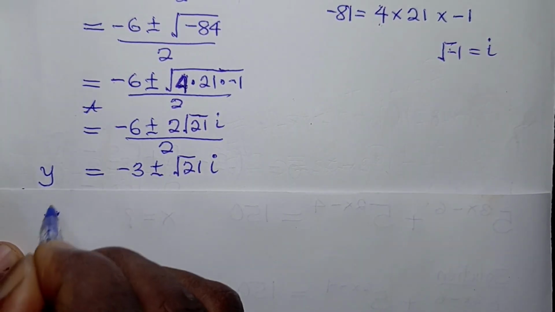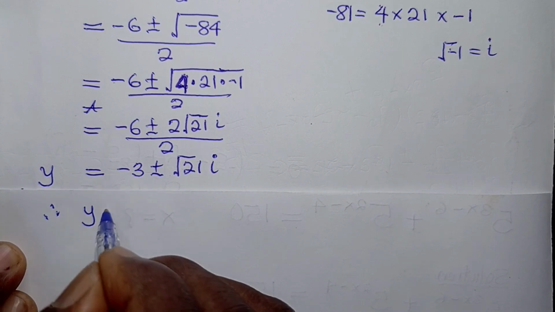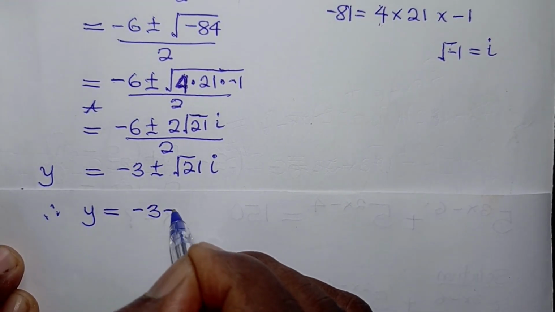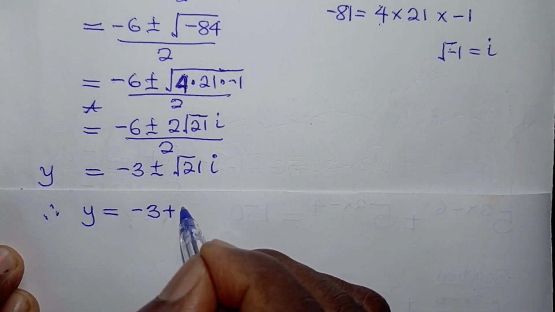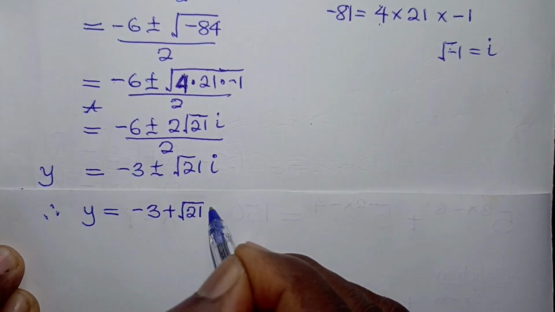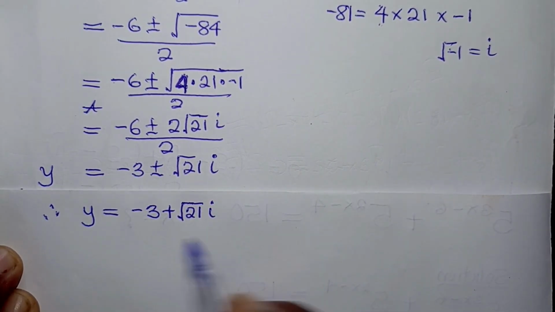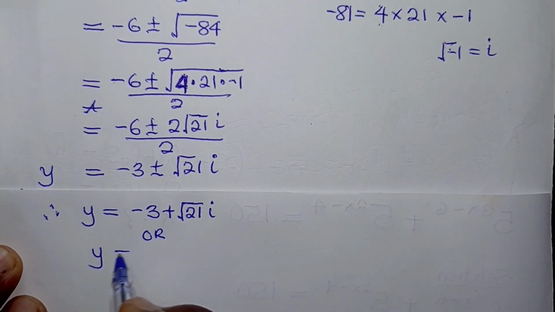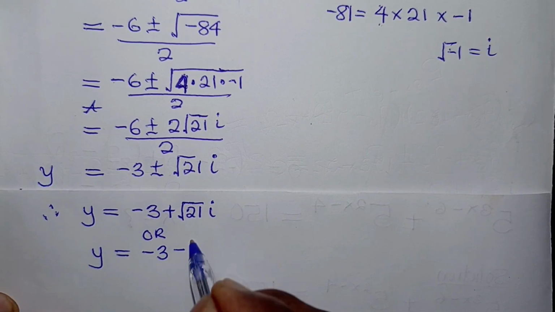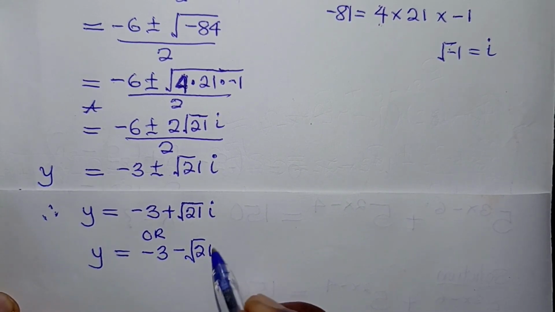Therefore, y is equals to minus 3 plus square root of 21 i, or y is equals to minus 3 minus square root of 21 i.